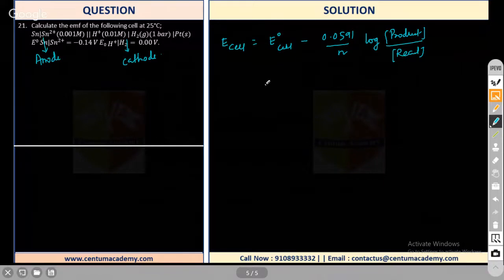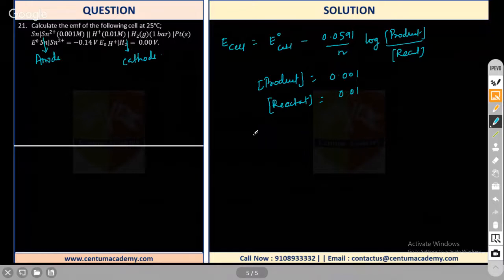Okay. So if I write down the concentration of product, that will be 0.001 and that of reactant 0.01. Cathode is nothing but hydrogen, since we know right hand side we have cathode.